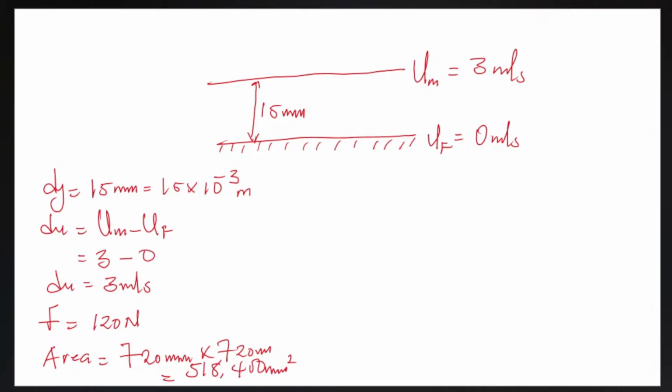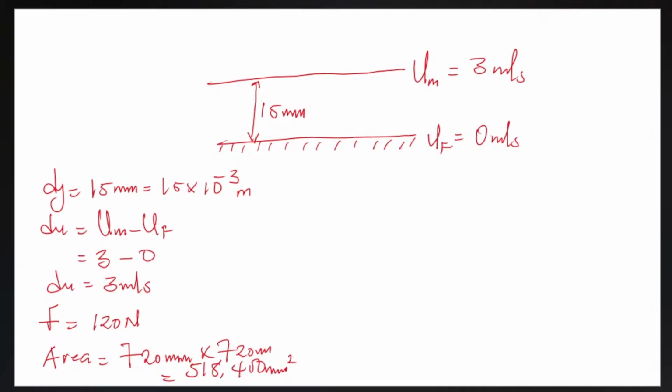Are we together? What will be the next value you are going to get? The next value is your du. Our du was given to be 3 meter per second, divided by your y, which is 15 times 10 raised to the power of minus 3 meter.